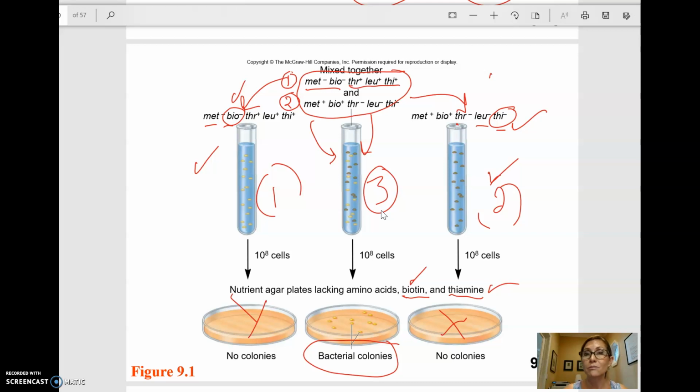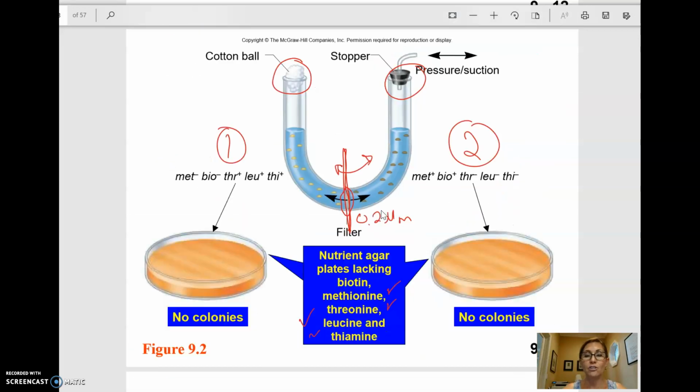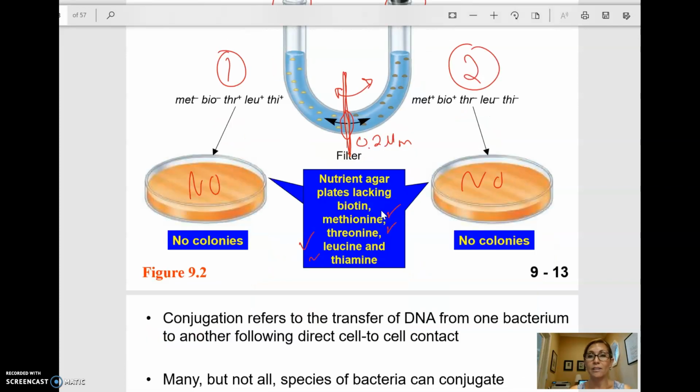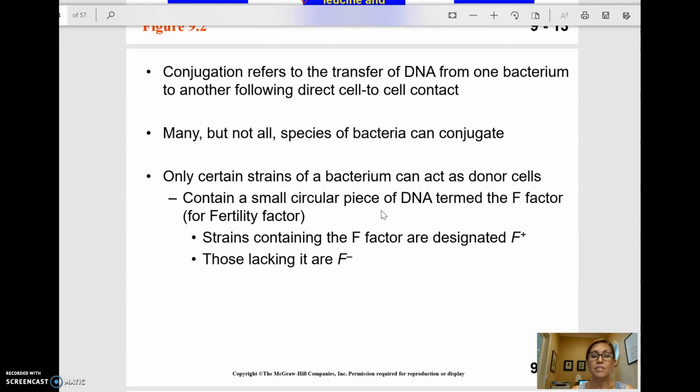The same nutrient agar, or the nutrient medium, you know, bacteria Kool-Aid, and the bacteria are in the same environment, but they can't touch. And now you get no colonies, no growth. So what that means, or what Davis was able to infer from that, is that the cells need to touch each other to make this exchange of genetic information occur.